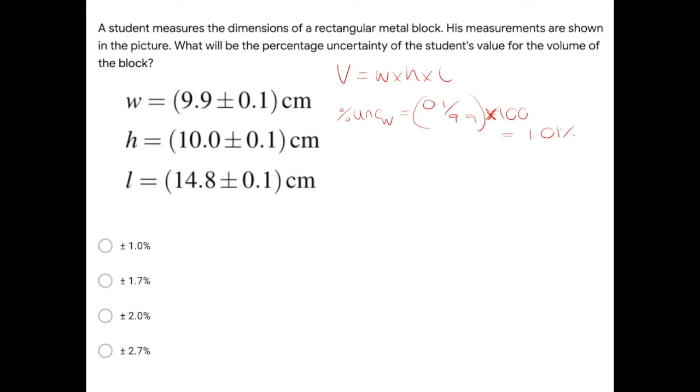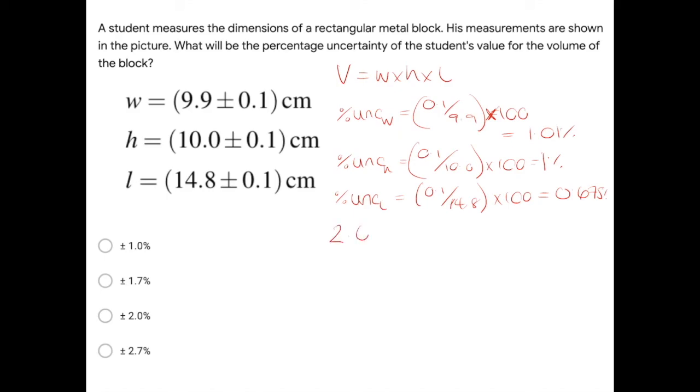Times by 100, and the percentage uncertainty in W comes out at 1.01%. Do the same for H. And H comes out at 1%, and we do exactly the same for L. 14.8, 0.675%.